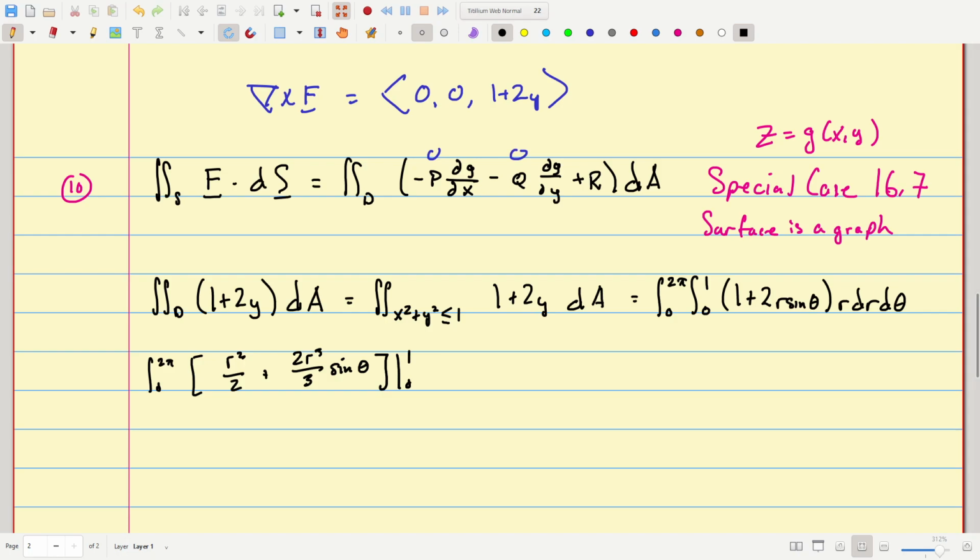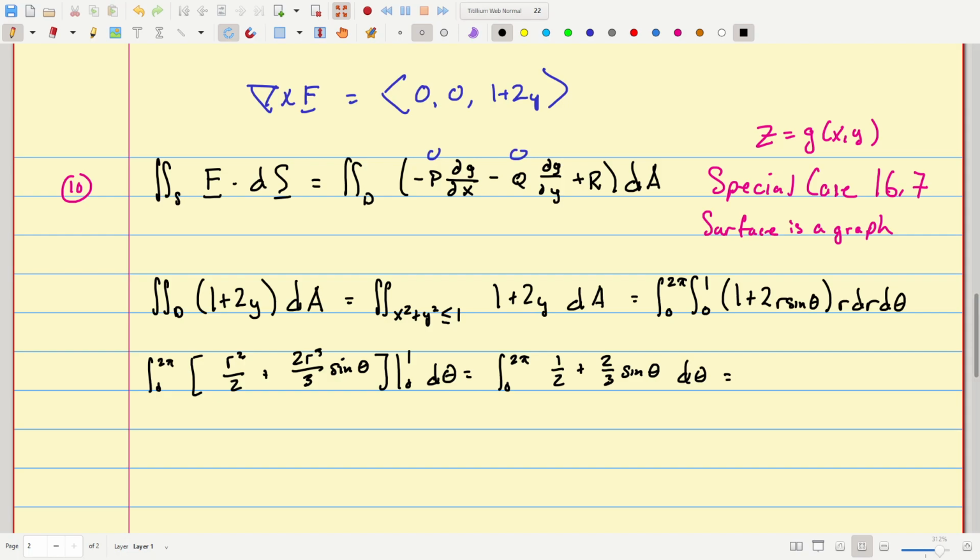We're going to evaluate this from 0 to 1. It leaves us with 1/2 plus 2/3 sine theta d theta.